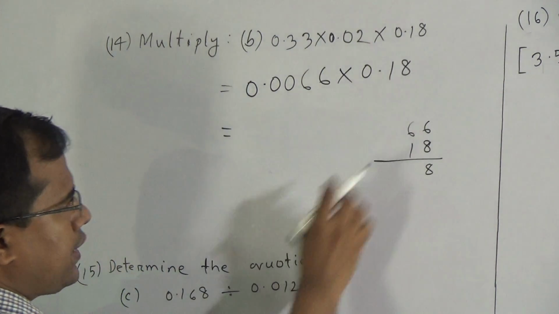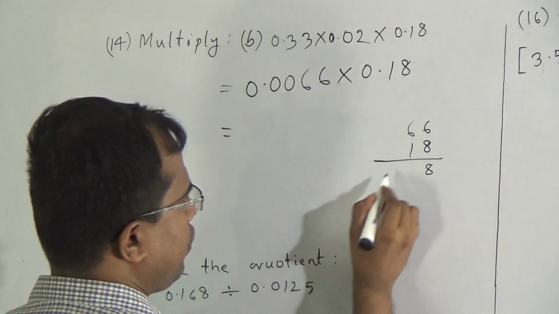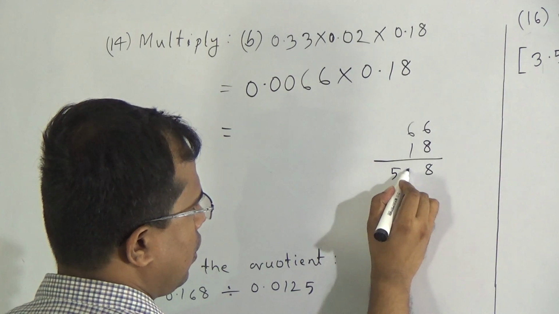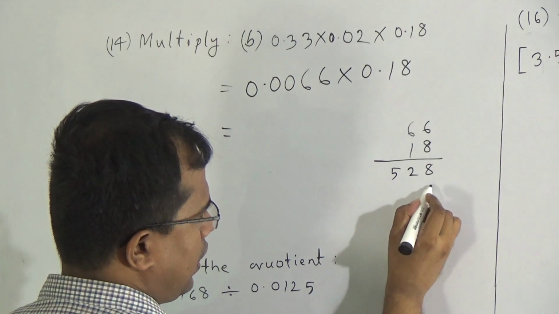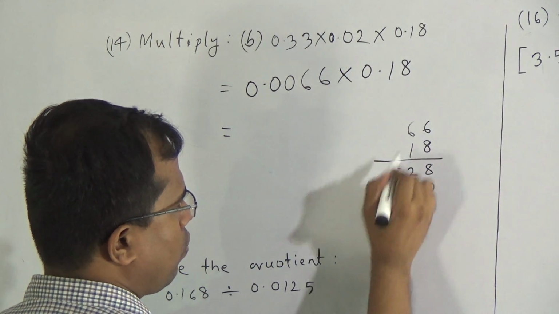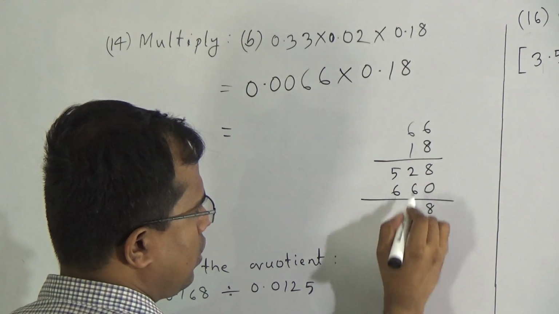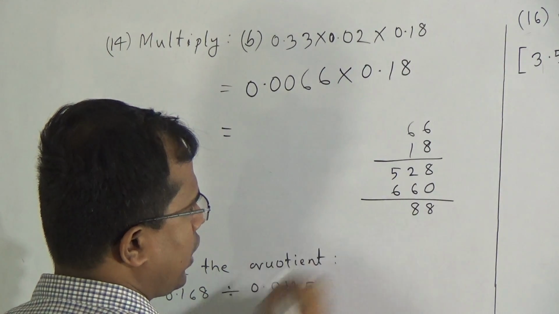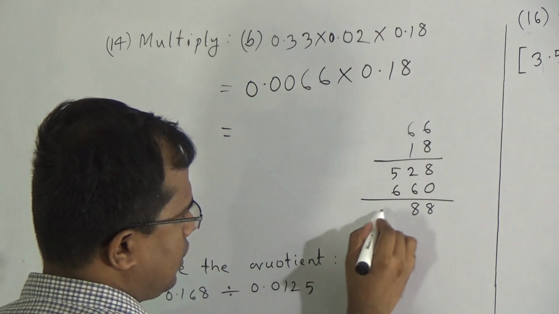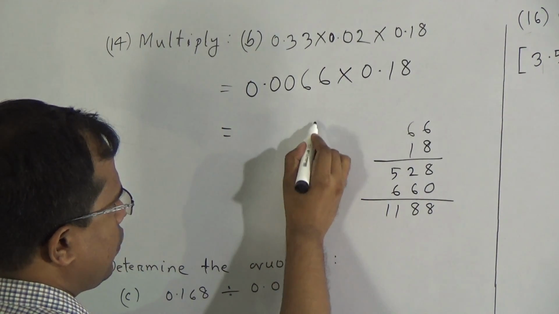Again 8 sixes are 48, and 48 plus 4 is equal to 52. Now in the second step, in the ones place we will give 0. Now 1 six is 6 and 1 six is 6. If we add 8 plus 0, this is equal to 8, and 2 plus 6, this is equal to 8. 5 plus 6, this is equal to 11. 1188.